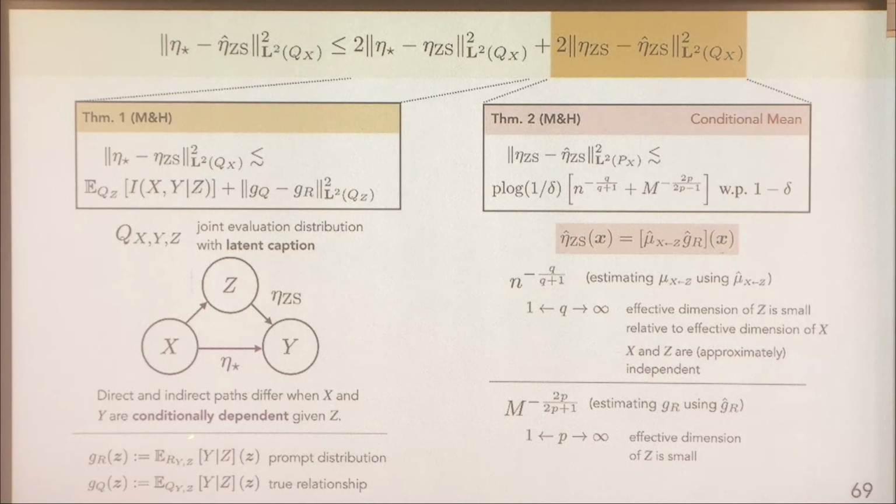So the only difference between those two formulas is that you take the conditional expectation with respect to a different distribution. This is the evaluation distribution, and this is the distribution you use when you actually perform this prompting.